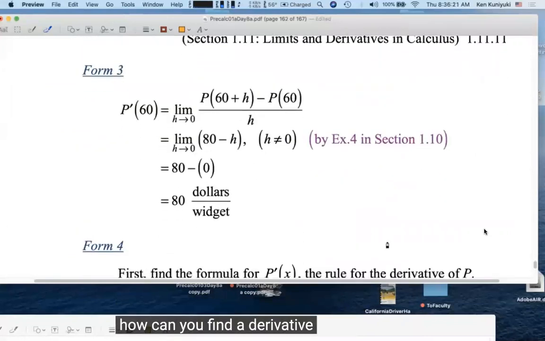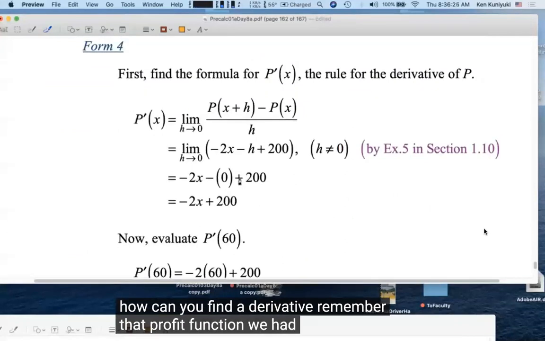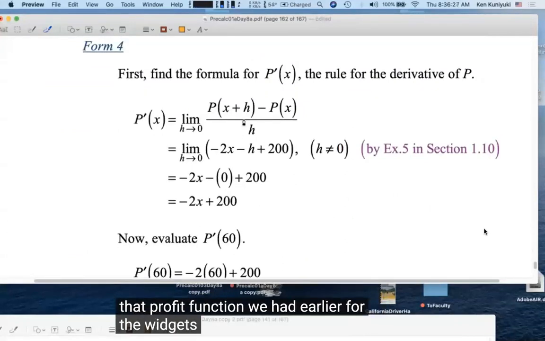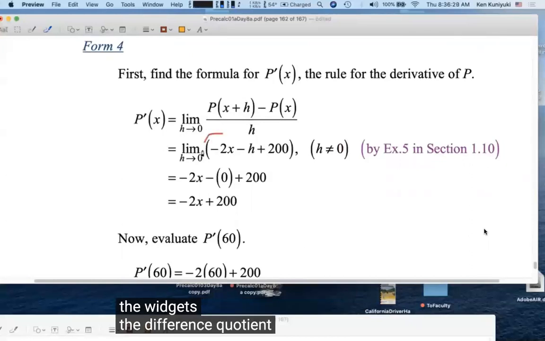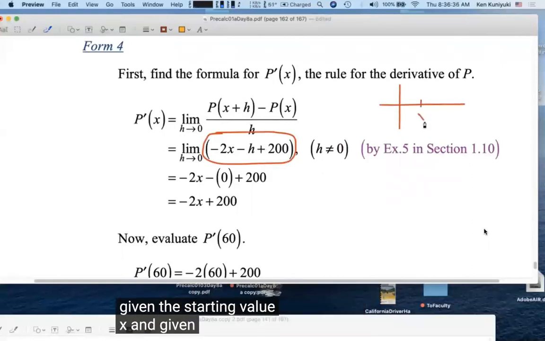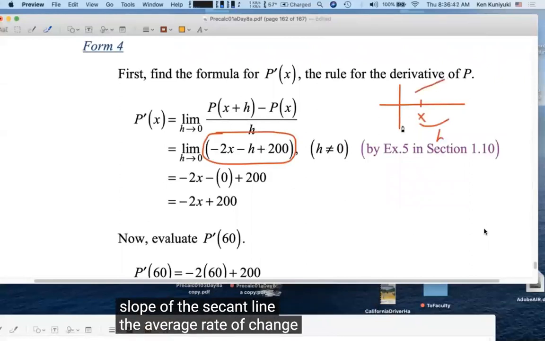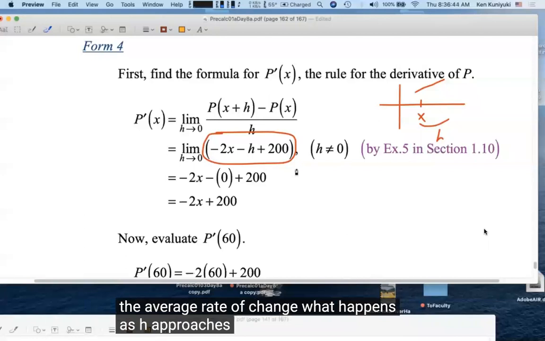How can you find a derivative? Remember that profit function we had earlier for the widgets? The difference quotient simplified to this. That was the slope of the secant line given the starting value x and given the run h. This gave you the slope of the secant line, the average rate of change. What happens as h approaches 0?